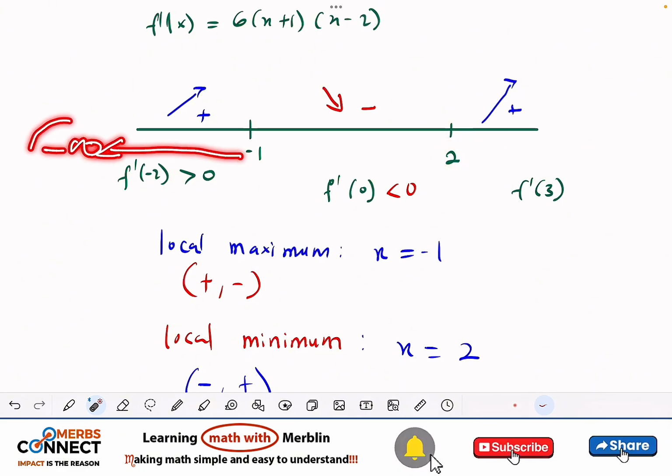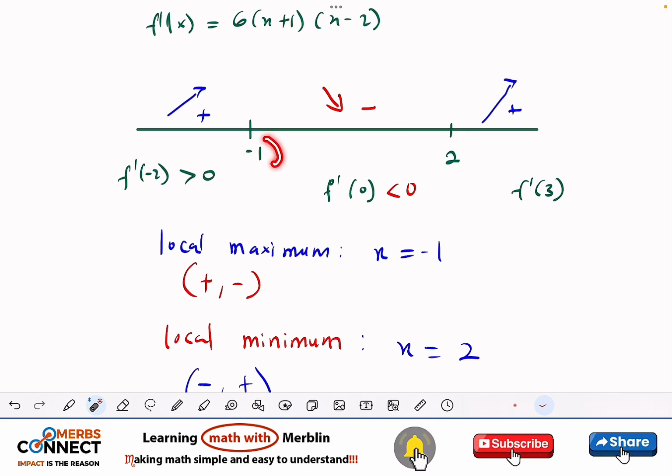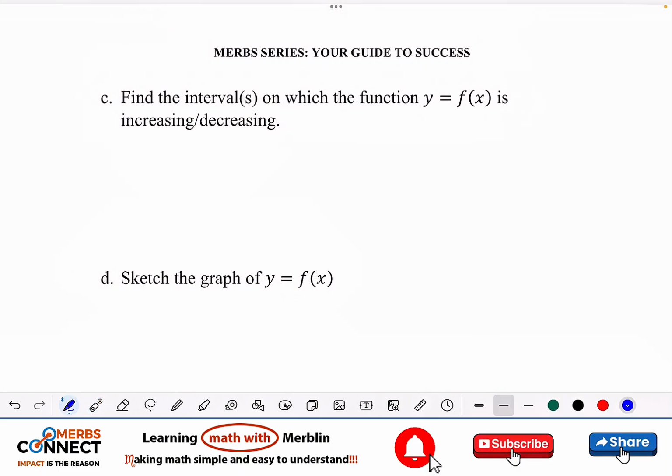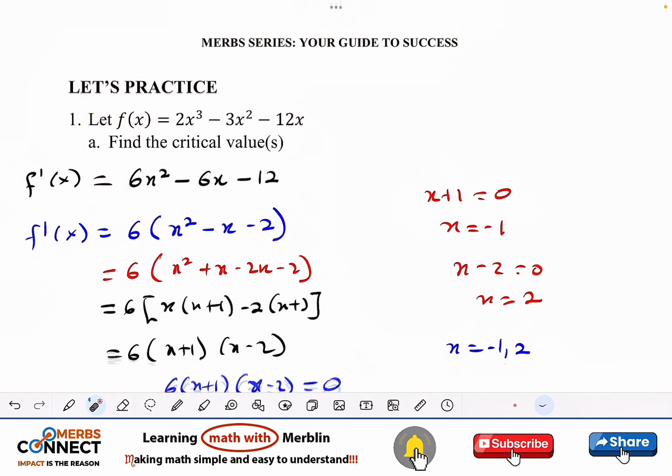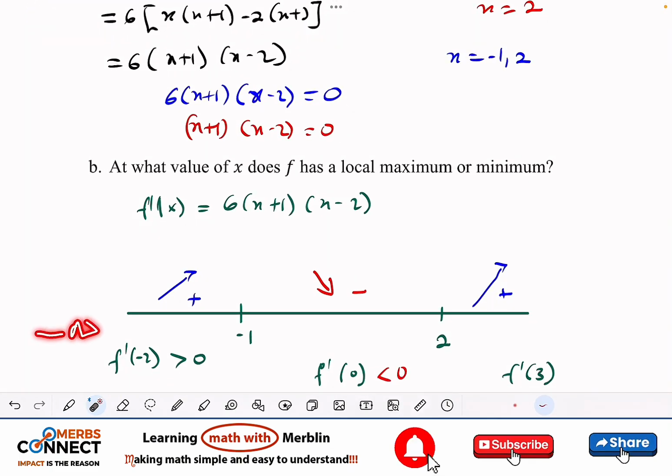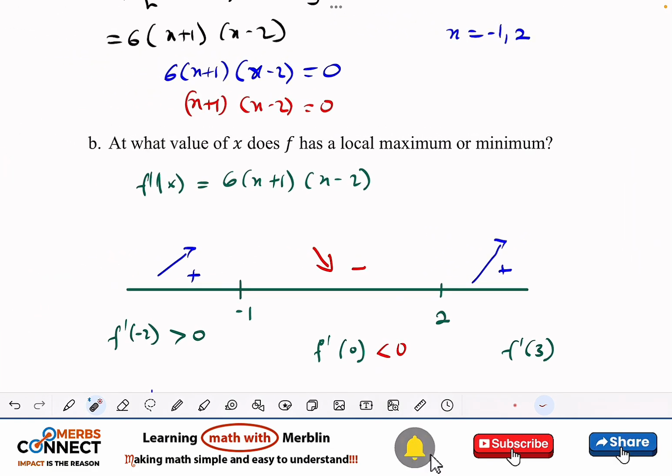So we are going to have from negative infinity to what? Negative 1. So it means that from the graph, the increasing interval is going to be from negative infinity up to negative 1. As we can see from here, from negative infinity up to negative 1 is where the function is increasing, right? And we see another increasing after 2.